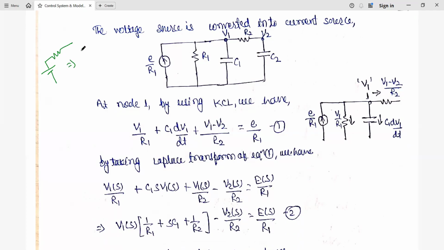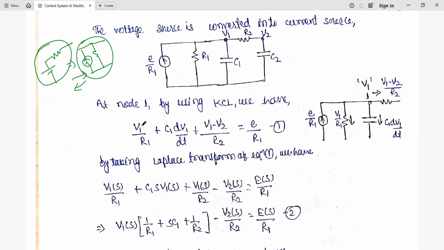And this also can be changed into a current source, where the current will be connected in parallel with the source resistance. And vice versa, both can be changed. A voltage source can be changed into a current source and a current source can be changed into a voltage source. So this represents the Thevenin's and this represents the Norton's. Like this, you can also keep this concept in mind.